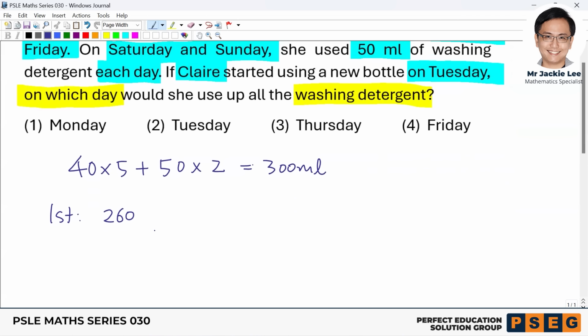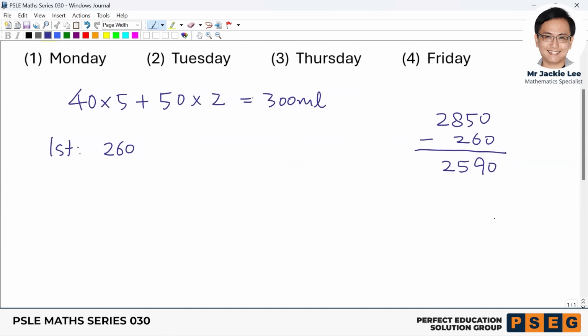Okay, then we go and calculate 2850 minus 260. I think this will end up 2590, right? 2590. So we go and do some division. 2590 divided by 300, 8, 2400 and 190, right?